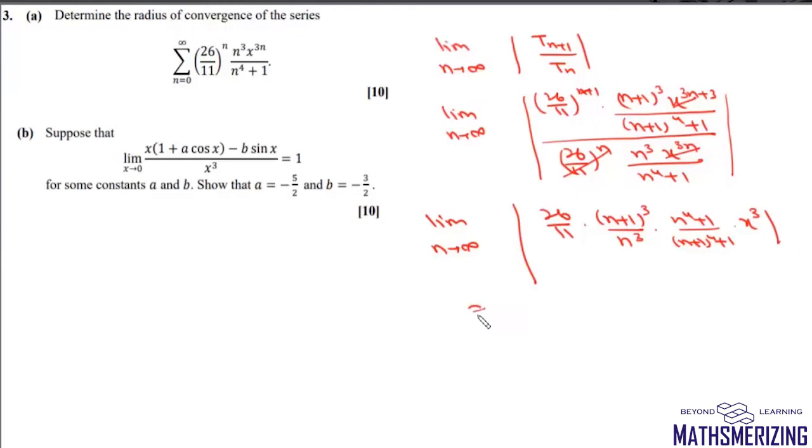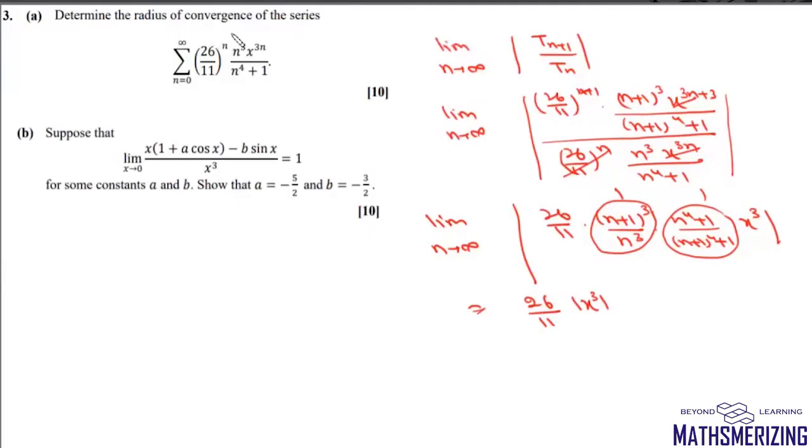Now we'll solve this limit. This is 1. This is also 1 because the highest power here is the same and the coefficient of the highest power is simply 1. So we'll get 26 upon 11, and this is mod x cube.